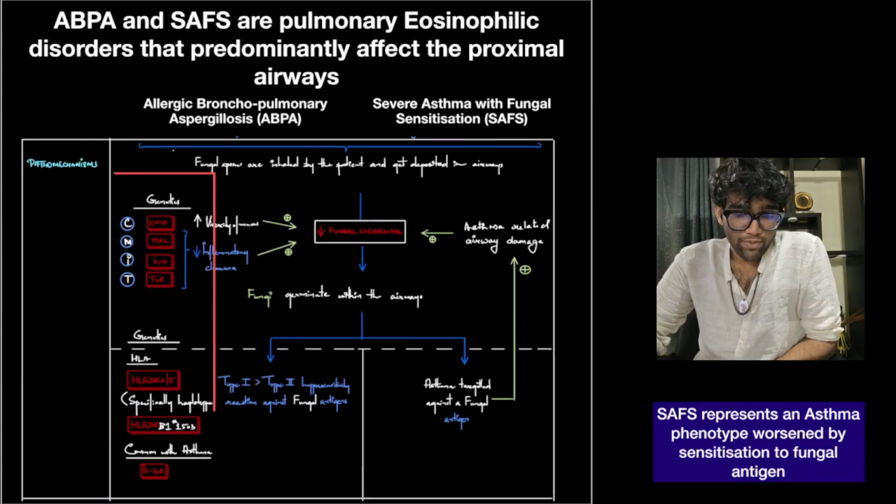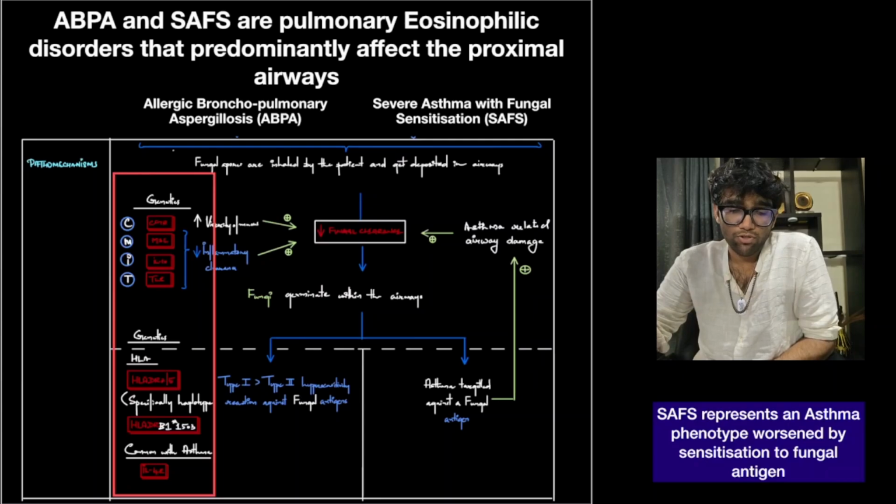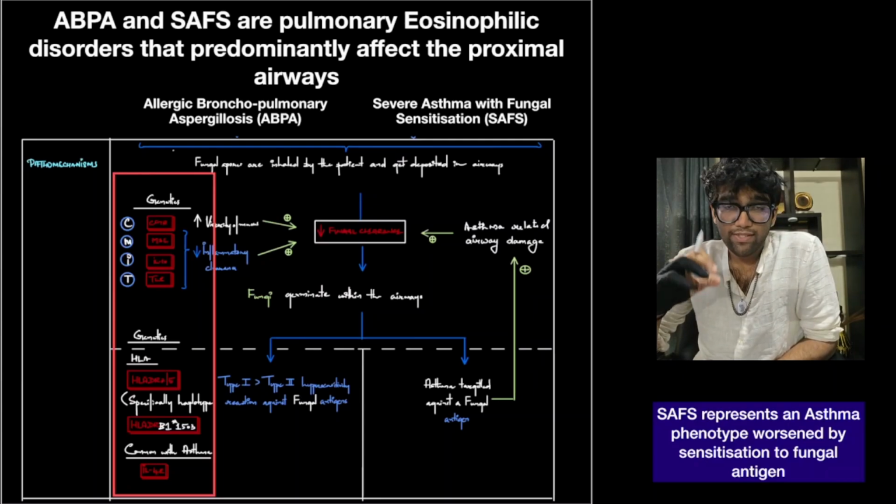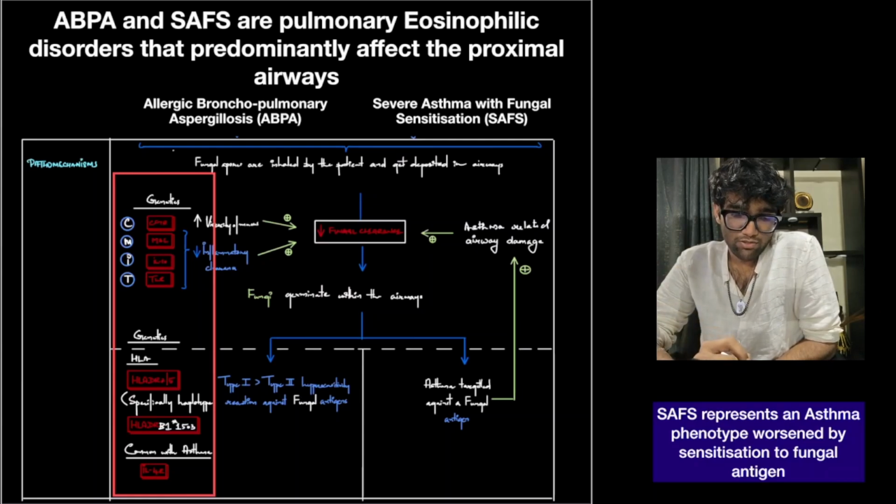Okay, so allergic bronchopulmonary aspergillosis is an abnormal response to a specific fungus, that is aspergillus, within the airways of a person who is genetically predisposed. They are predisposed because of the presence of these 4 mutations, that is C for CFTR, M for MBL, mannose binding lectin, I for interleukin 10, and L for TLR variants.